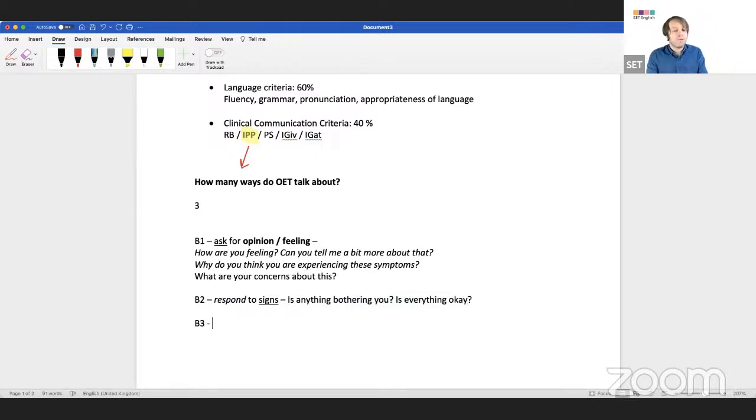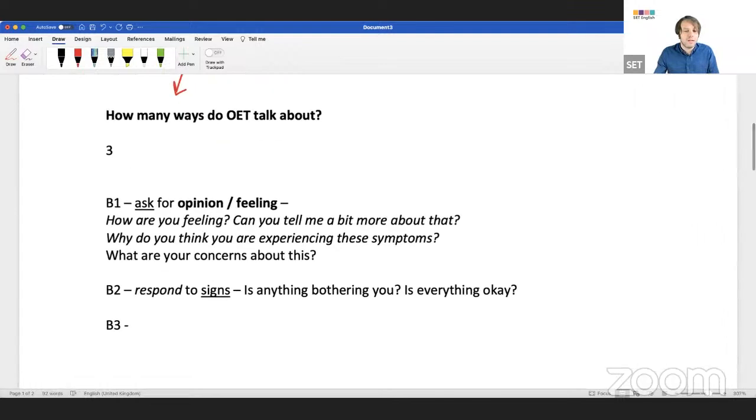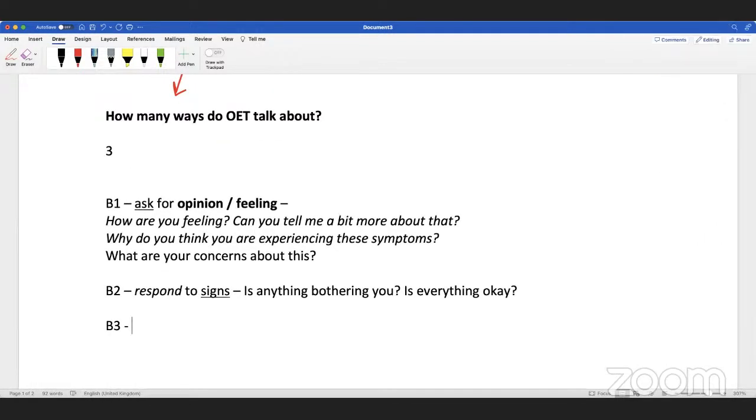Okay. Number 3, maybe Gabriella, Alice as well. Barsha. What did we say on Monday was number 3? Responding to signs, asking for opinions. Number 3 could be relating explanation to elicit ideas or concerns of patient.